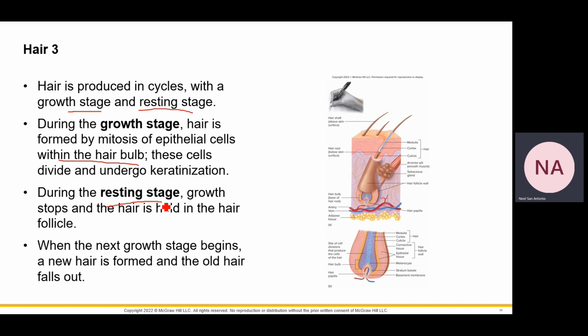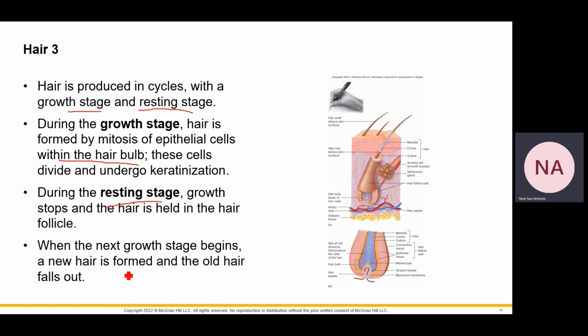Hindi ganun yun. They are on their own phase of the cycle. And when the next growth stage begins for a particular hair, a new hair is formed and the old hair falls out.